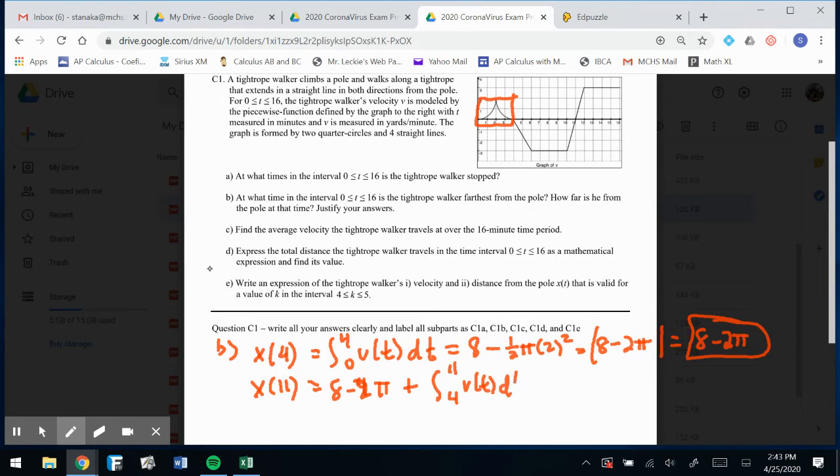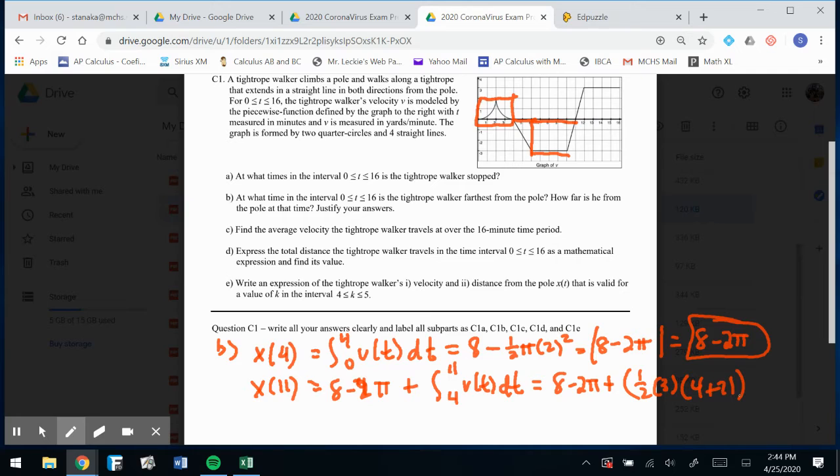And that's going to be negative because it's below. So it'd be 8 minus 2 pi plus, let's add all of this stuff together. And that is a trapezoid. The trapezoid has a height of 3. And the bases are 1, 2, 3, 4. And the other base is 1, 2, 3, 4, 5, 6, 7.